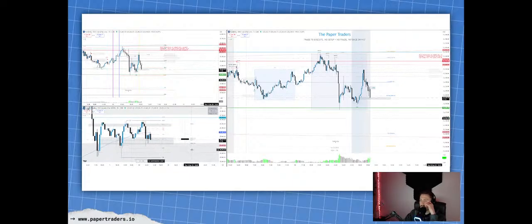This 4 hour is looking rough. I don't know if they want to flip it completely. So that's the 4-hour low right here. That Asian session pre-low. Not quite the low, but the pre-low.